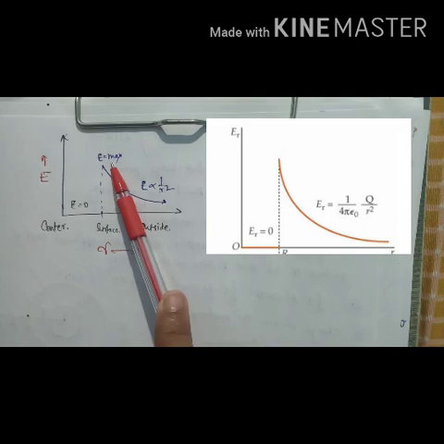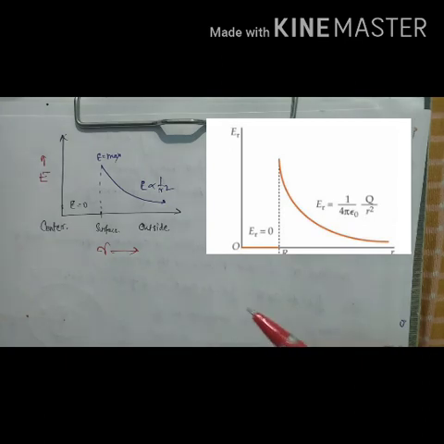Why is it maximum? Because the value of E is equal to Q upon 4 pi epsilon naught capital R square, and capital R is the radius of this sphere. And inside the cell the electric field will be 0.